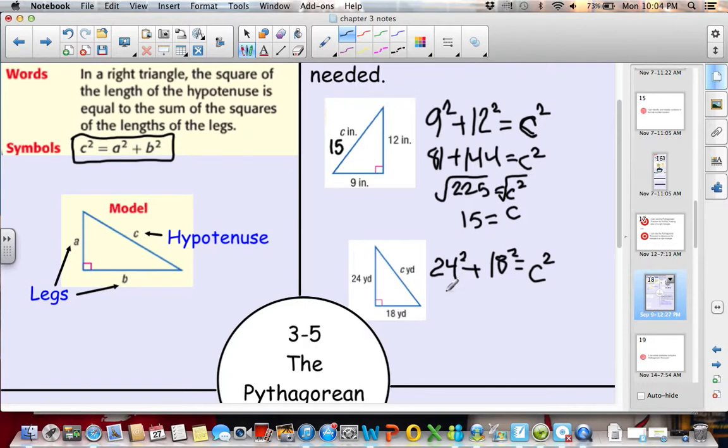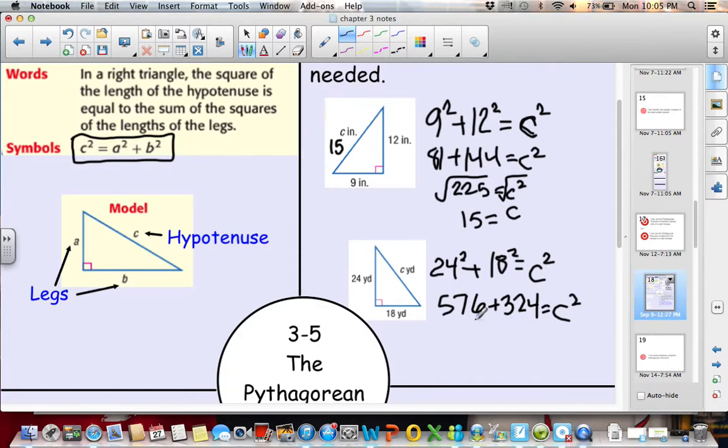So 24 squared equals 576. 18 squared equals 324. These would be awesome notes to be taking down as I'm doing this. Equals c squared.